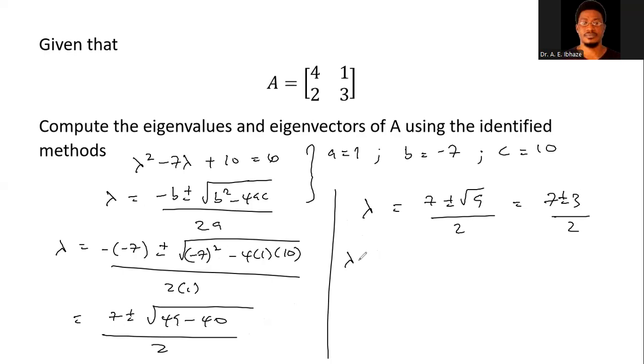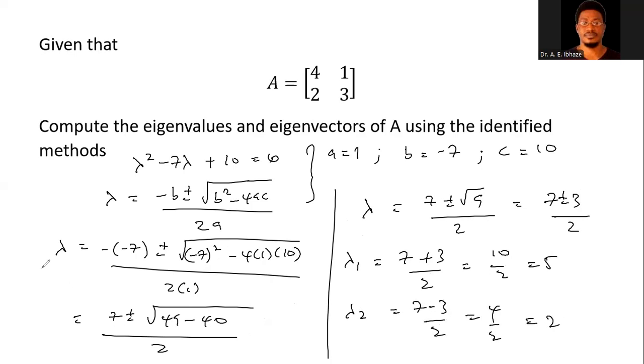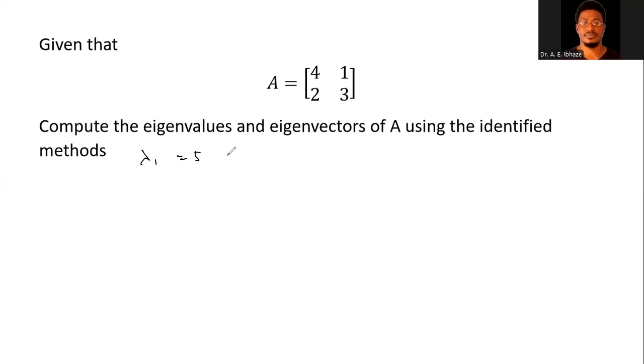So we have two eigenvalues. Lambda 1 is 7 plus 3 over 2, which is 10 over 2, which is 5. And lambda 2 is 7 minus 3 over 2, which is 4 over 2, which is 2. Hence, lambda 1 is 5, and lambda 2 is 2.